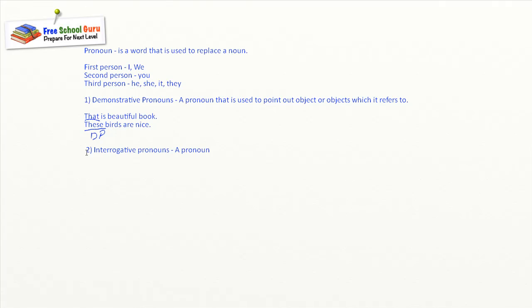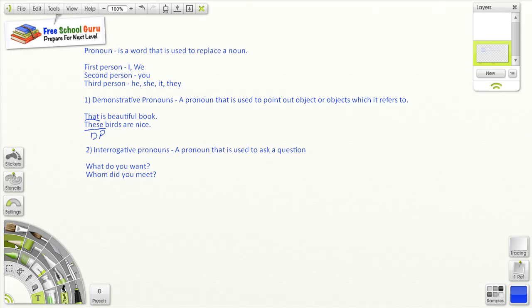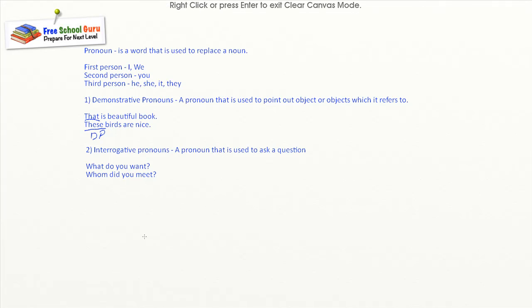Let's write the definition first and then we'll take some more examples. A pronoun that is used to ask a question is called an interrogative pronoun. Let's write a few examples. What do you want? Whom did you meet? In these two examples, let's identify the interrogative pronouns.